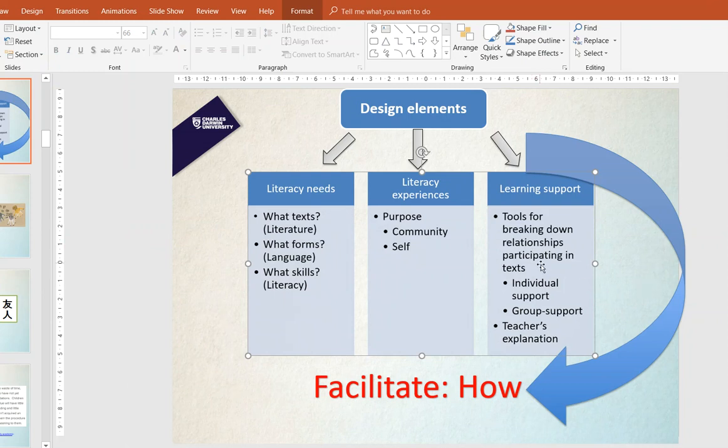So what I mean here by saying tools for breaking down relationships participating in text. For ELA 200, we're interested in supporting students reading, not writing, but reading, right? So supporting students reading.